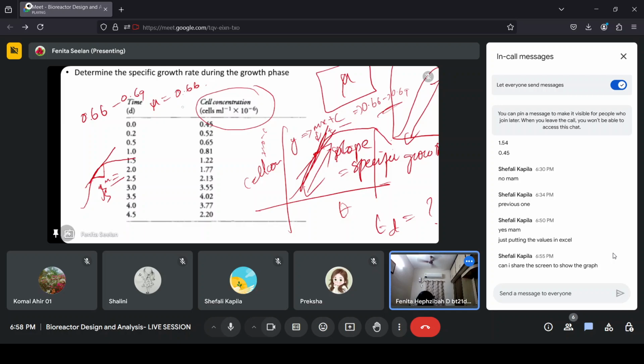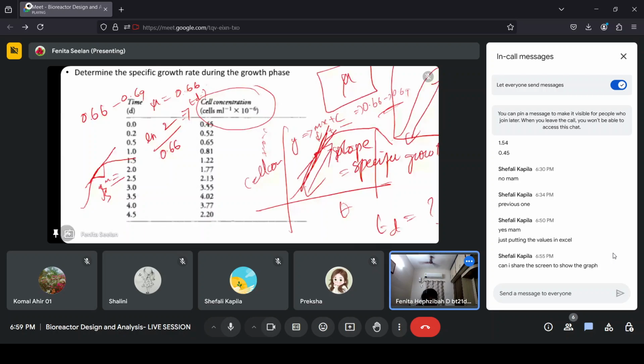So if I take my doubling time calculation, ln 2 divided by 0.66, ln 2 is 0.693, it gives a doubling time of around 1.05. So try doing this, all the others also try doing it. Find whether the slope I have matches with yours.